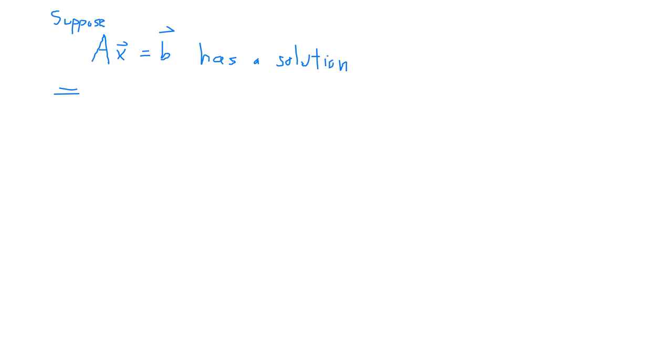Well, what does that imply about the difference between Ax minus b? What would that equal? That equals the zero vector. That's right, Haley.